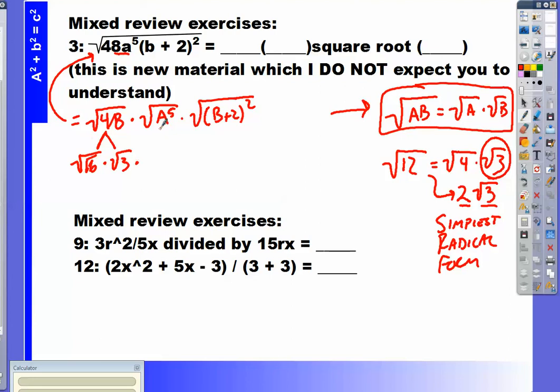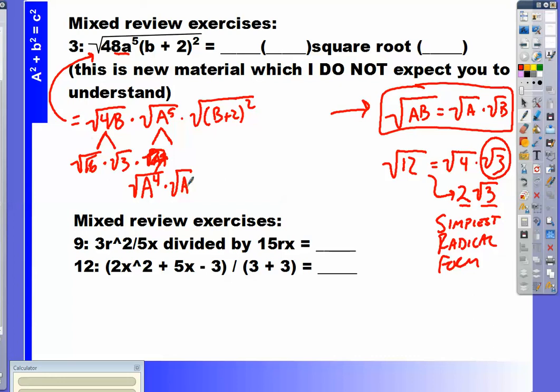Well, can I do that with a to the 5th? What times what is equal to a to the 5th? Well, I know that a to the 4th times the square root of a, because a to the 4th times a is a to the 5th.